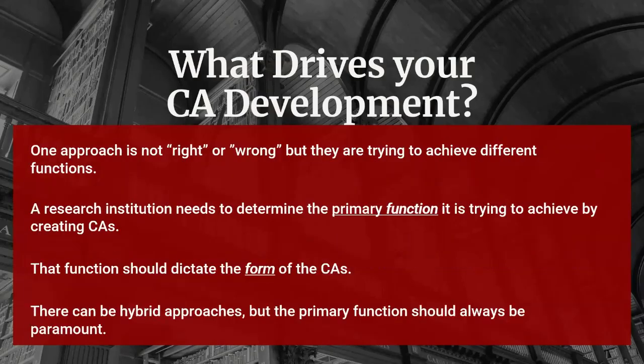So moving on to the next slide, one approach, CTMS driven, revenue cycle driven, neither is right or wrong, but they are trying to achieve different functions. You might be doing a CTMS driven CA, and that may be what the organization has committed to.